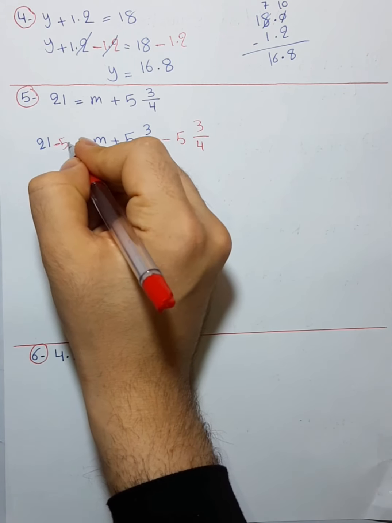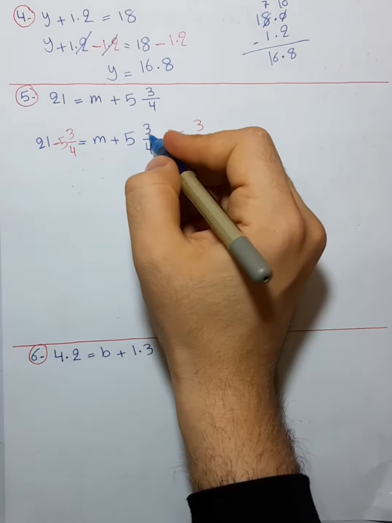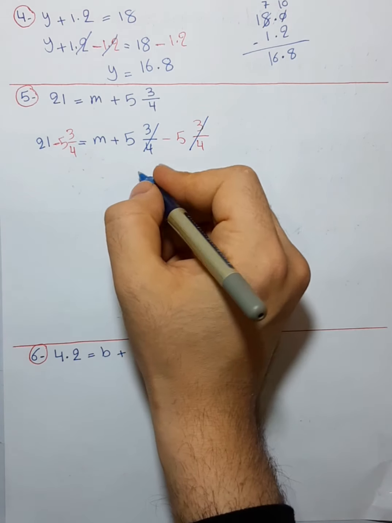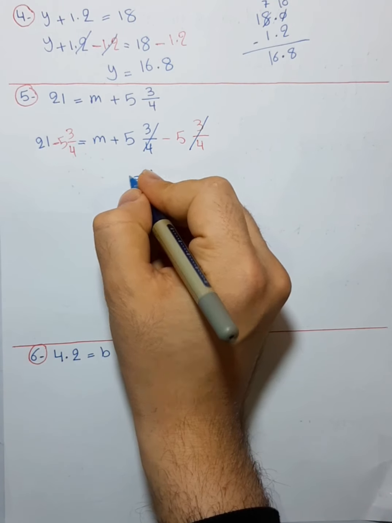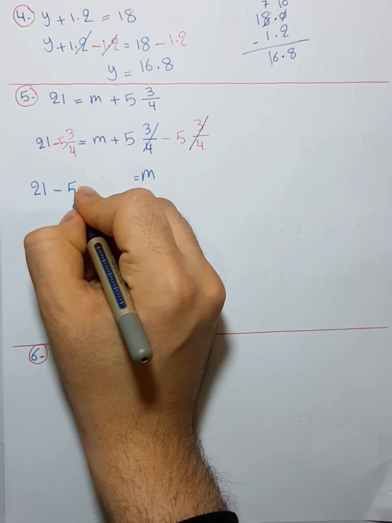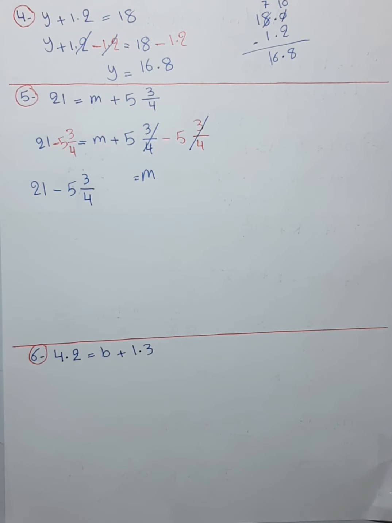These two mixed numbers are equal to 0, so m equal to 21 minus 5 and 3 out of 4.